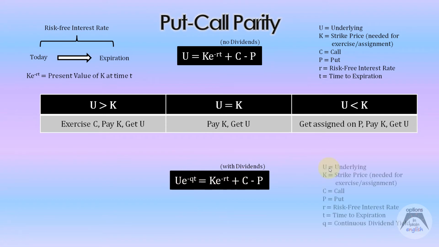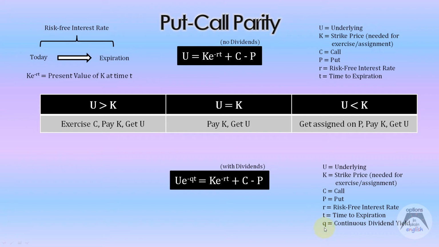Okay, so we have the same elements: underlying, strike price, call, put, risk-free interest rate, time to expiration, and now we have a new factor. We know that there's going to be, for example, 2 dividend payments, and they're going to be in a month and in 4 months if we're talking about quarterly dividends.